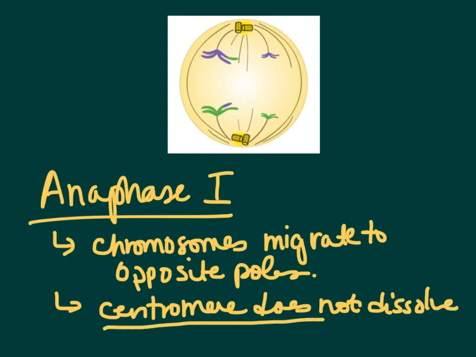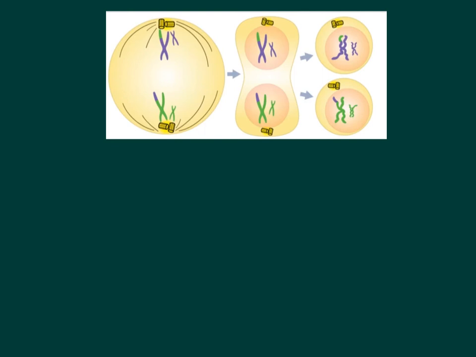So instead of having sister chromatids being pulled to opposite sides of the cell, here it's whole chromosomes that are being pulled to opposite sides of the cell. And you can more clearly see the crossing over in synapsis that had occurred during prophase 1 as we examine these arms on those 2 different chromosomes. That's essentially all that's going to happen in anaphase 1, and really, truthfully, that's the only difference, that the centromeres don't dissolve.